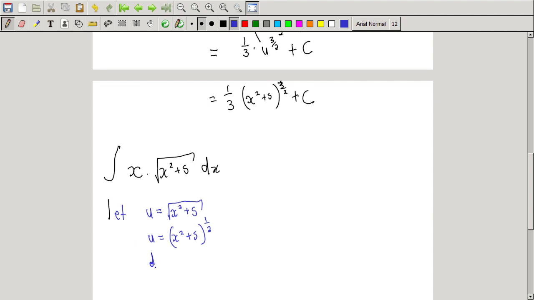Now our du is equivalent to 1 over 2 multiplied by x squared plus 5 all to the power of negative 1 over 2. Then I also differentiate the inside, which is going to be 2x dx. So the 2 and this 2 divide.